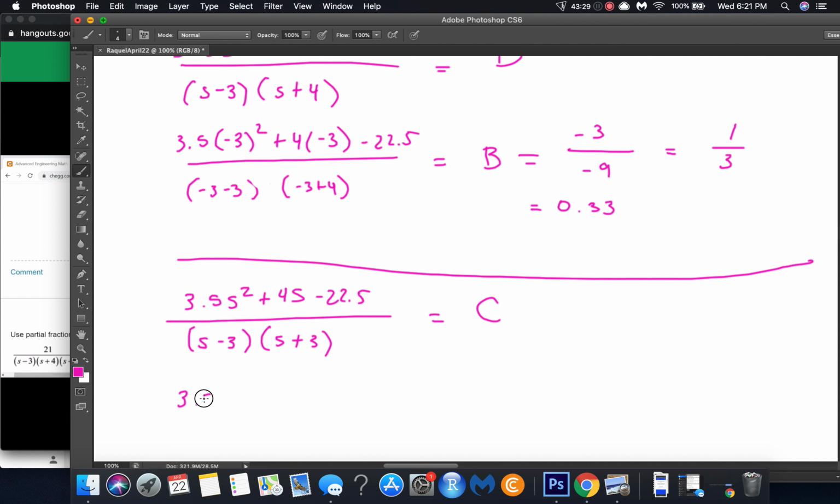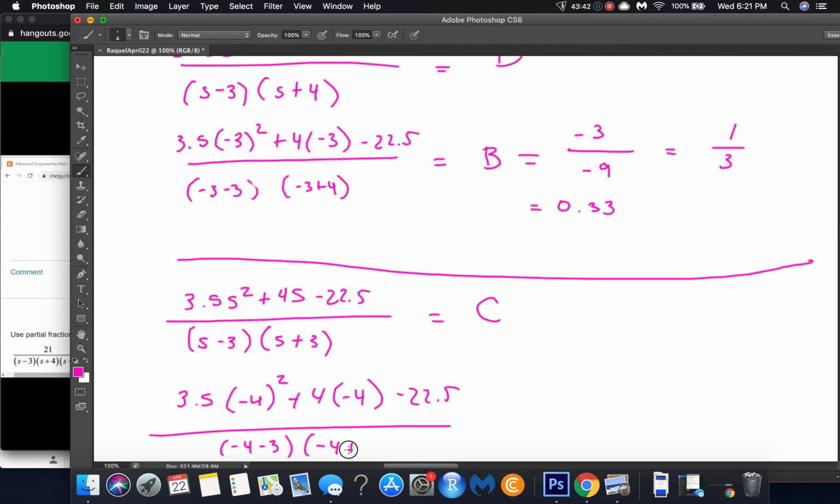Bingo. So 3.5 times -4 squared plus 4 times -4 minus 22.5. Then you get -4 minus 3, -4 plus 3 equals c. Okay.